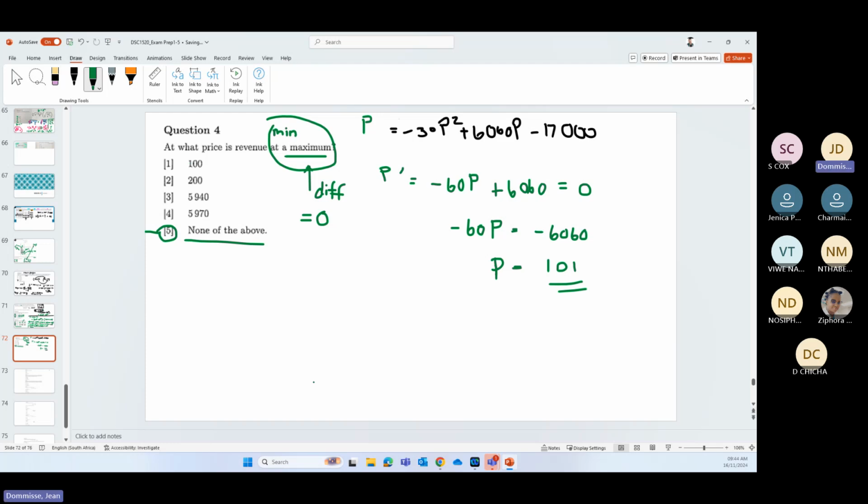Let's just see if 2 goes to there, that is 60, that is p, that is 660, it's equal to 0. 60p is equal to minus 60p, that goes to the other side, it is 6060. 6060 divided by 60 is 101.